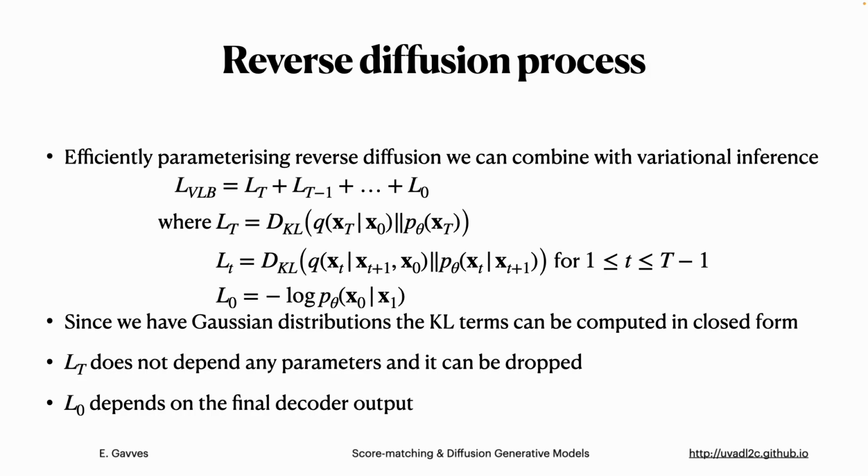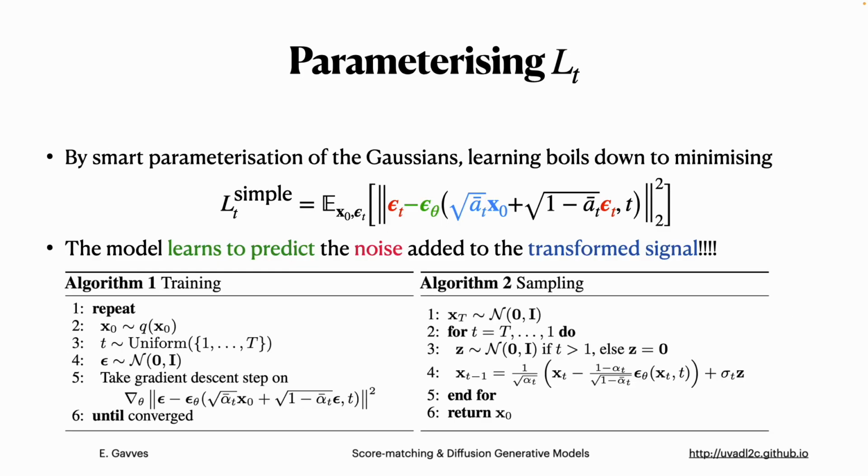For any other small step t, we've got a similar KL divergence. And since we have Gaussian distributions, the KL terms can be computed in closed form. And this is actually what is so nice about diffusion models.